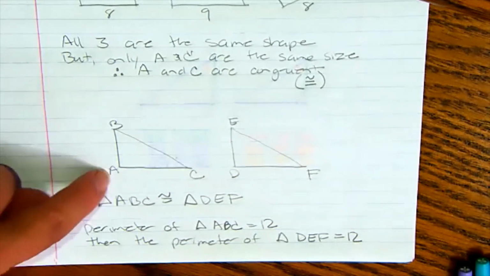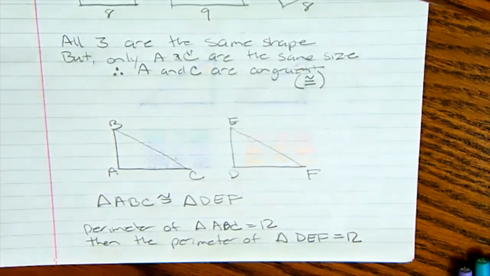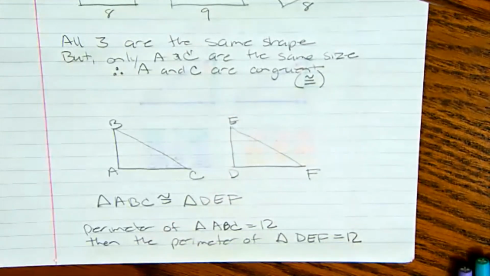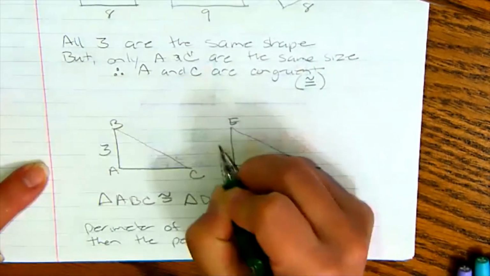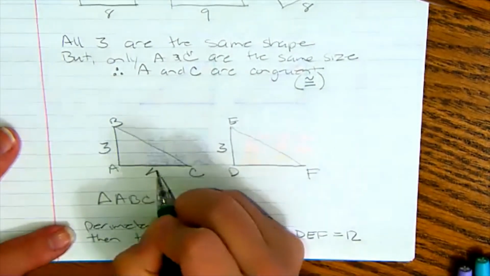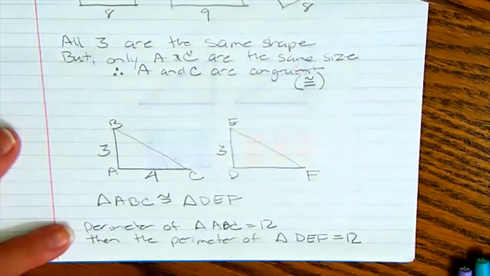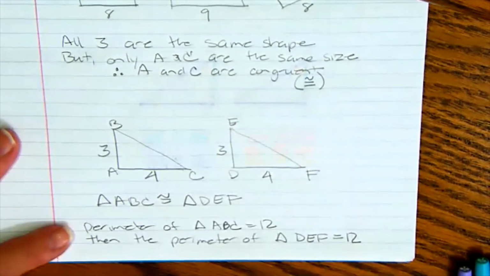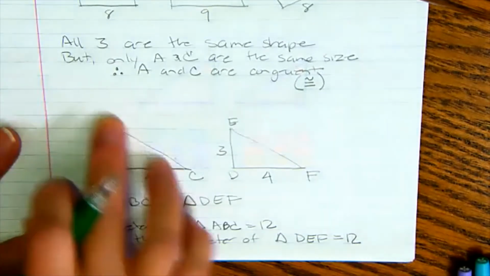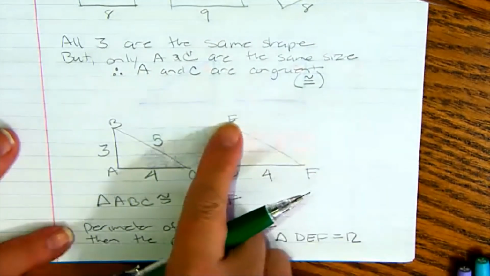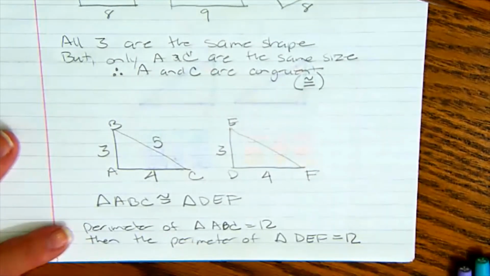If the length of AB is 3, then the length of DE is 3. If the length of AC is 4, well then the length of DF has to be 4. And if the length of BC is 5, well, what's the length of EF?